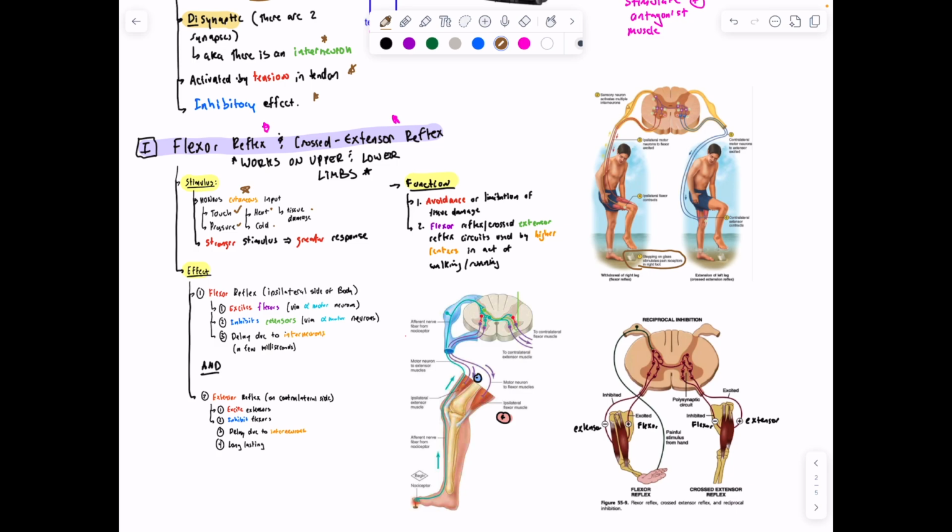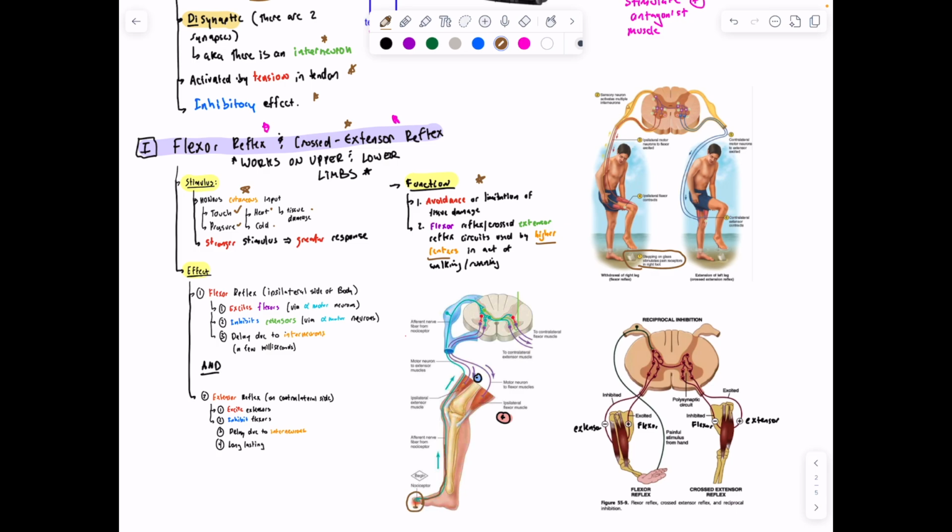For the flexor part, you're going to flex your muscle away from that damage. And then you're also at the same time going to extend the cross extensor, meaning you're going to extend the contralateral limb. Okay, so the function is to avoid or limit tissue damage. The flexor and cross extensor reflex circuits are used in addition by higher order centers for walking and running. But starting with the flexor part of it, you have stepped on something unfortunate.